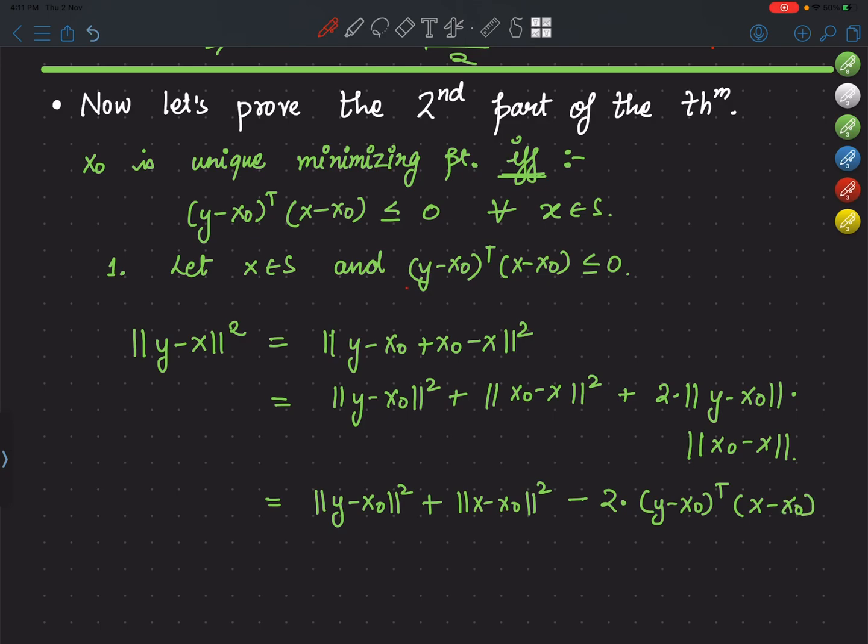Now by this assumption, we know this is a non-positive quantity. So this term is always positive. The negative of a non-positive quantity is always positive, so it's always greater than or equal to 0. What about the second term, ||x − x₀||²? Because this is a norm, this is always positive or 0. So this is also greater than or equal to 0.